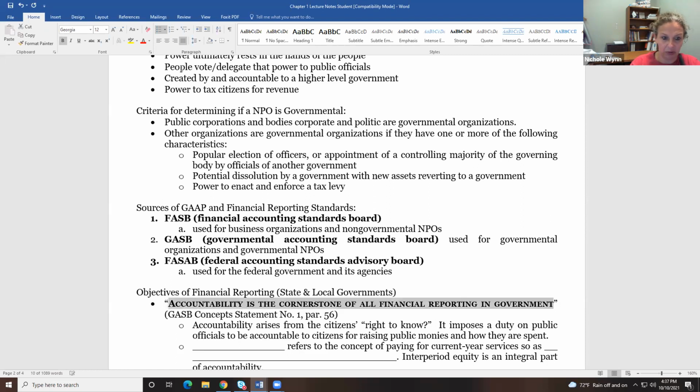Okay, so this is super important. The whole reason why governmental accounting is different is because of this accountability standard.